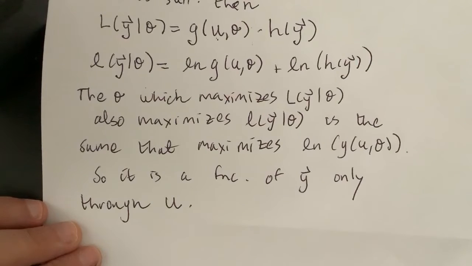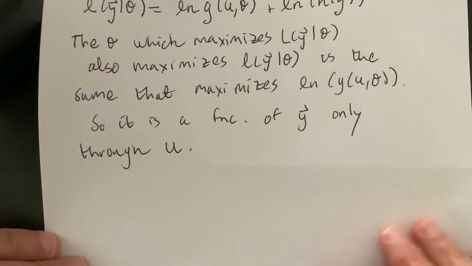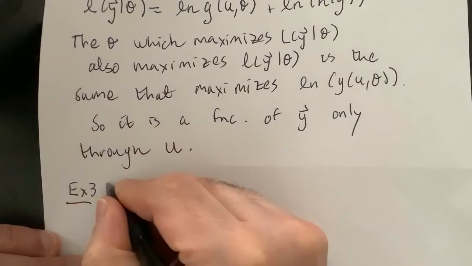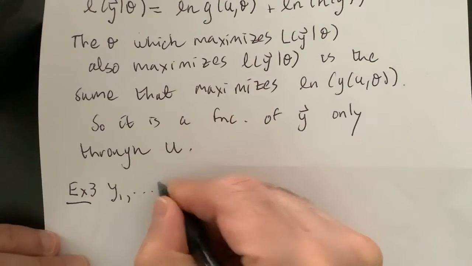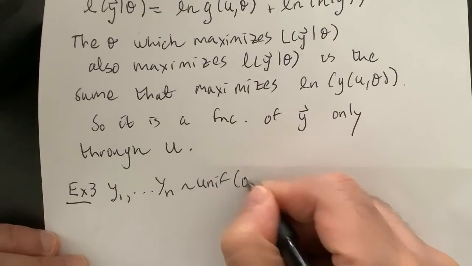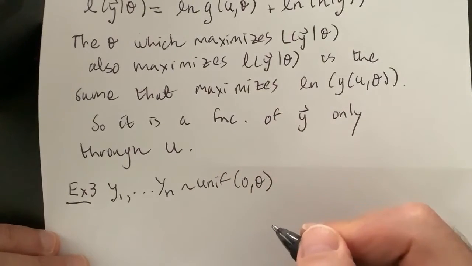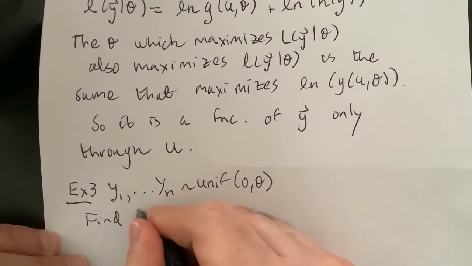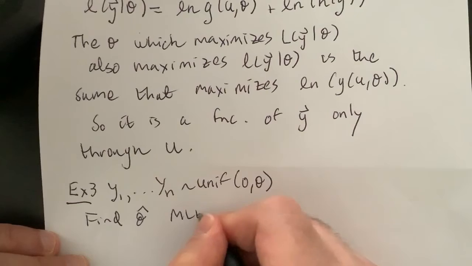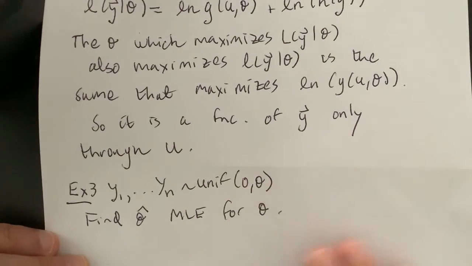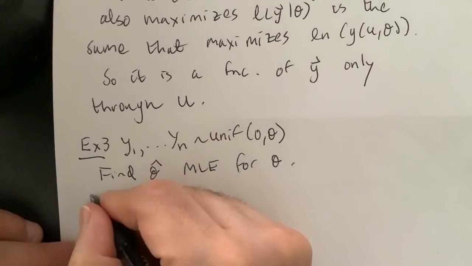Okay, let's do another example. So, third example. Suppose I have y1, ..., yn uniform on (0, theta), and let's find the MLE. Well, let's write the likelihood down.